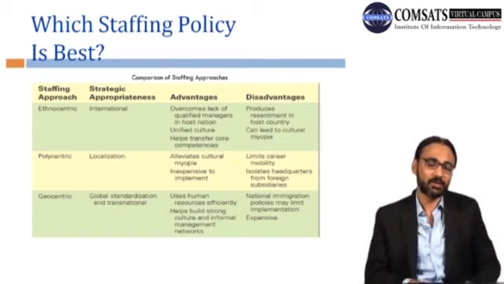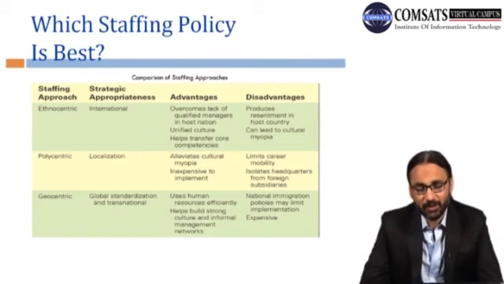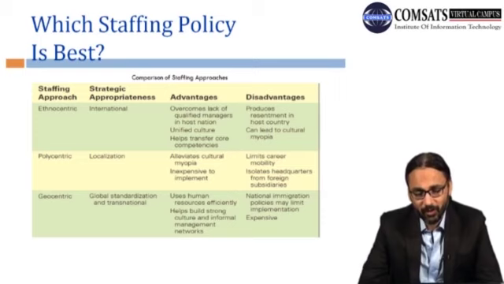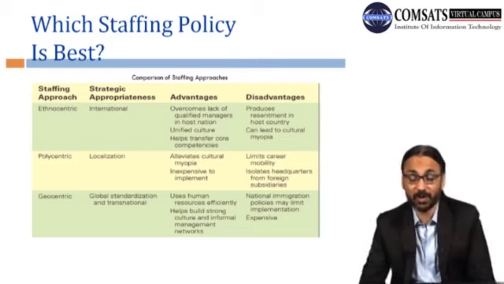Okay, staffing approach. This is the comparison of staffing approaches. The first one is the ethnocentric approach. Its strategic appropriateness is for when the firm is operating with an international strategy, and there are advantages and disadvantages associated with each staffing approach. The first advantage is that it overcomes the lack of qualified managers in the host country. Unified culture helps transfer core competencies.